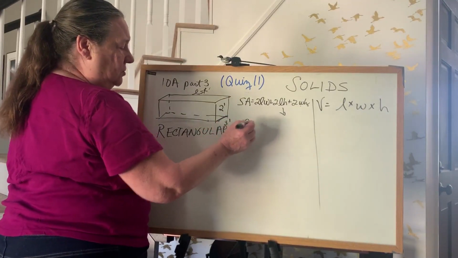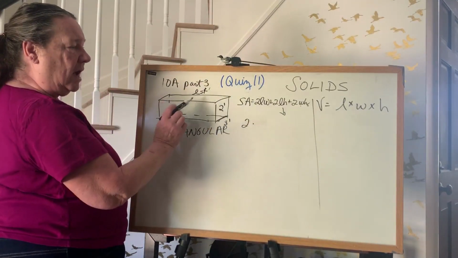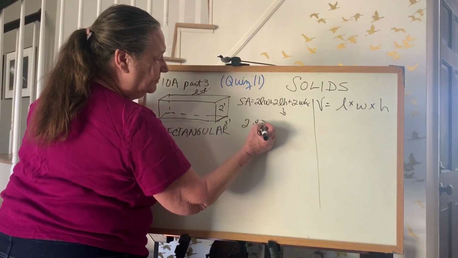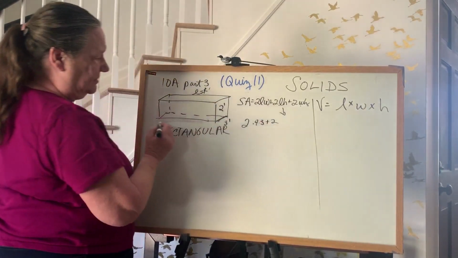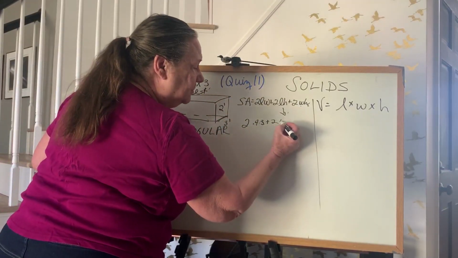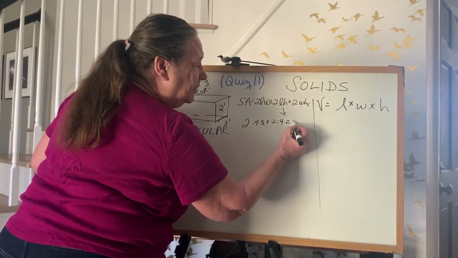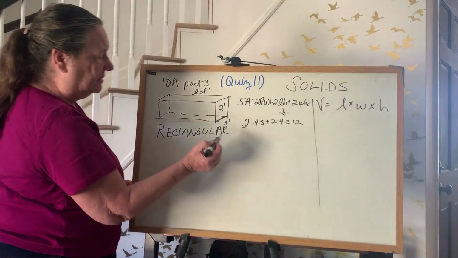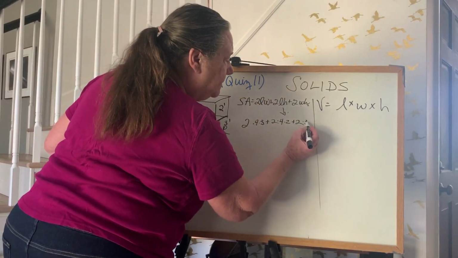So, 2 times the length times the width, 4 times 3, plus 2 times the length times the height, 4 times 2, plus 2 times the width times the height, 3 times 2.